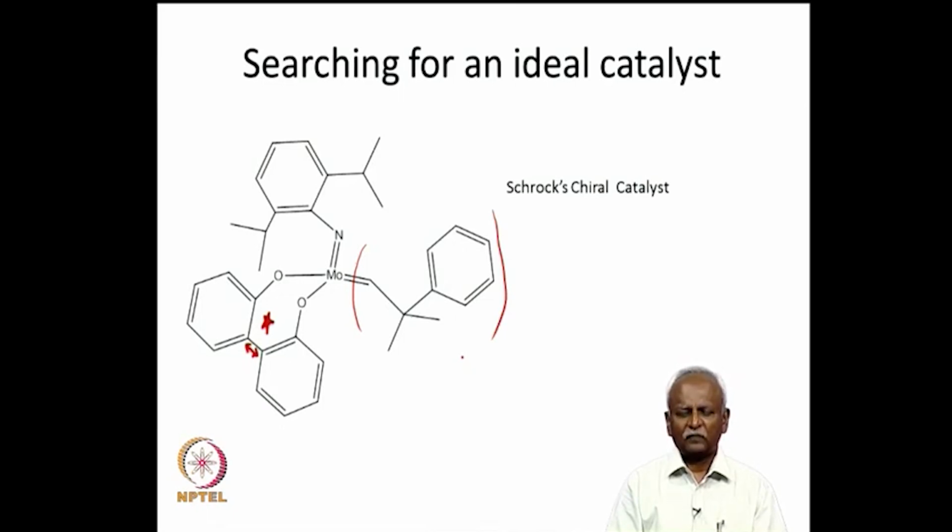So, we have discussed the catalysts in detail, but in all the cases it is only the M double bond CH2 that is really important for carrying out the reaction.